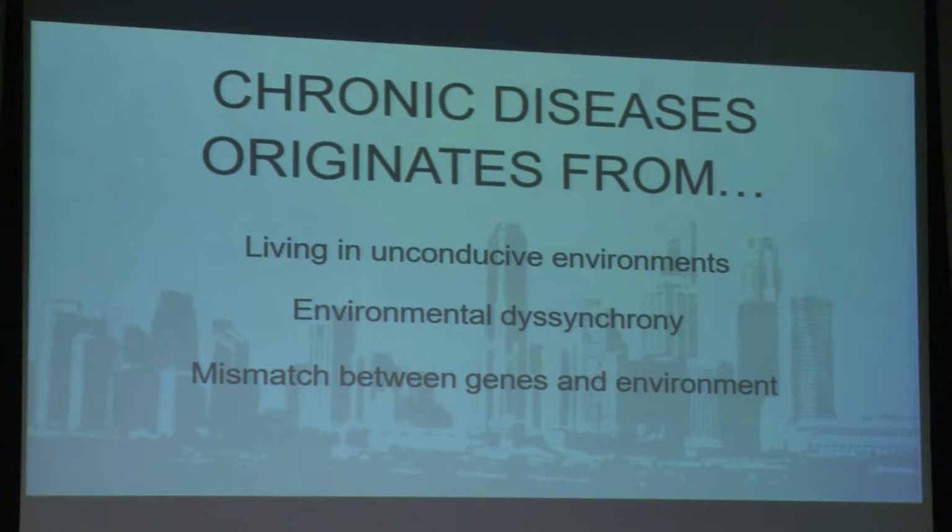We can also be impaired because of the dyssynchrony between the environment that we live in and our genes, and that could also extend to the synchrony between ourselves and the natural cycles of our environment, and I'll talk about that a little bit more. And primarily, there may always be a continuous difference between our genes and the environment.